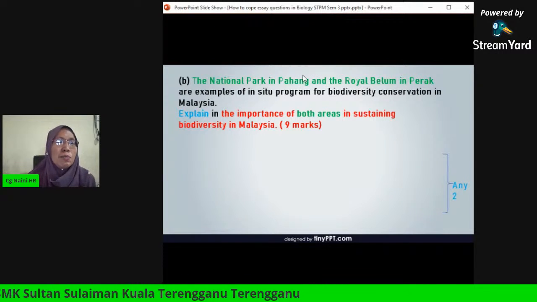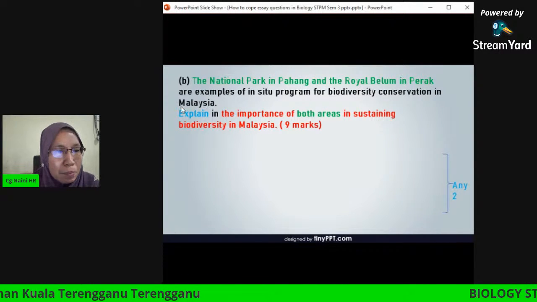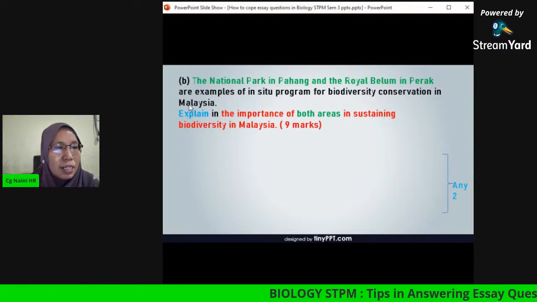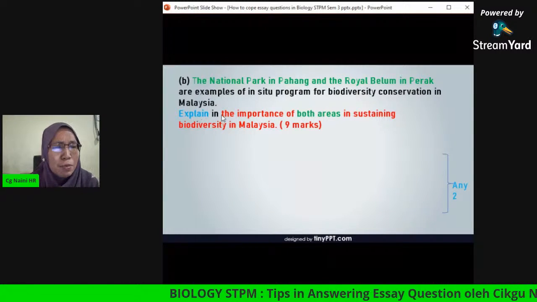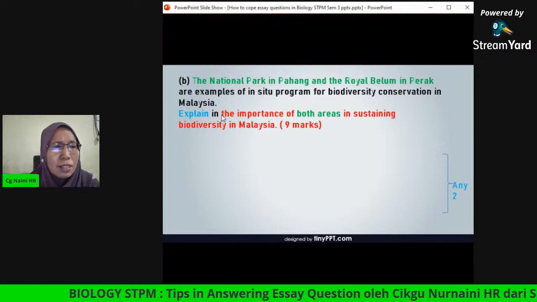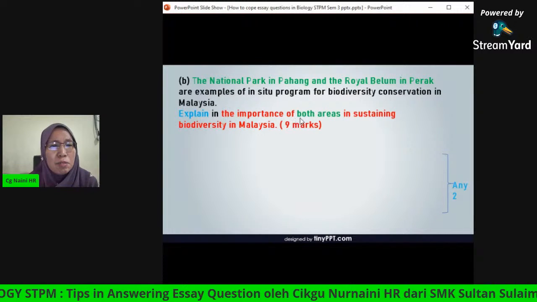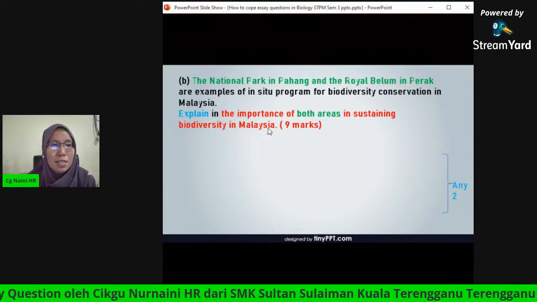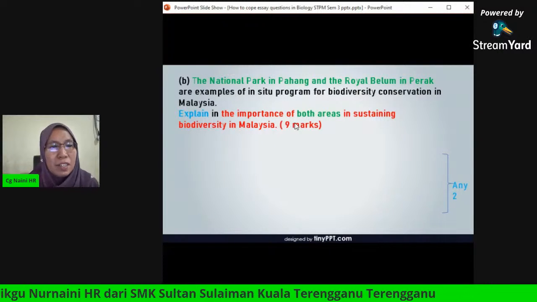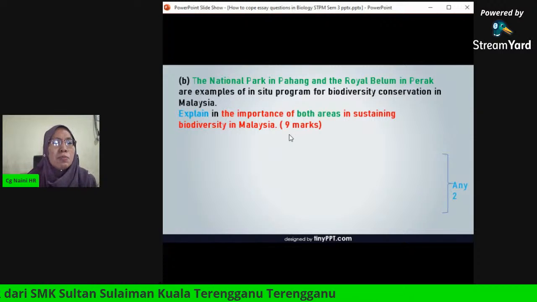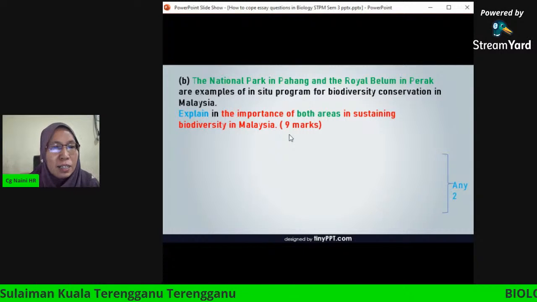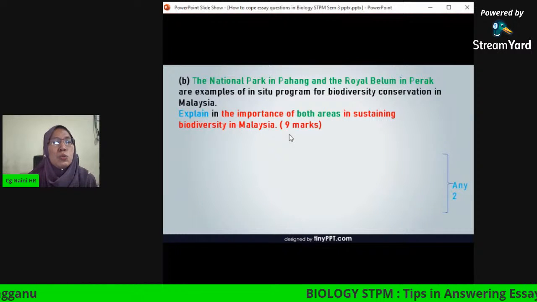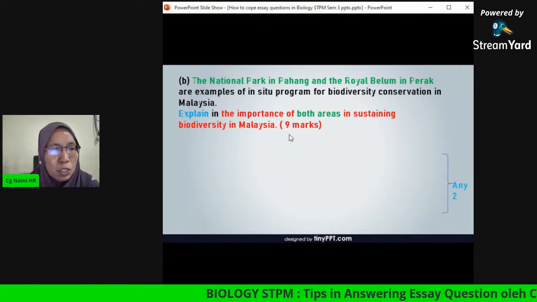Okay, so you must explain. Explain is the keyword, the action word, kata tugas ya. And the keyword point is the importance of both areas in sustaining biodiversity in Malaysia. If they have 9 marks, that means you must have 9 points to explain the importance.